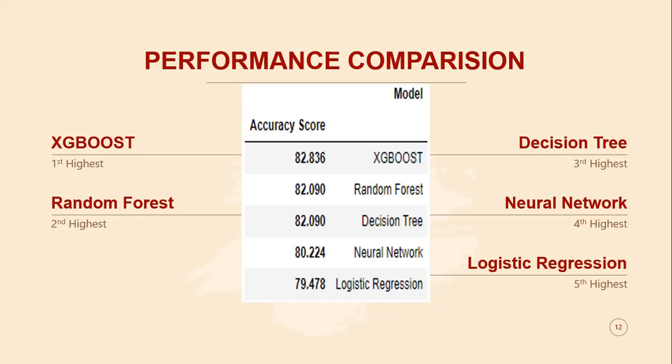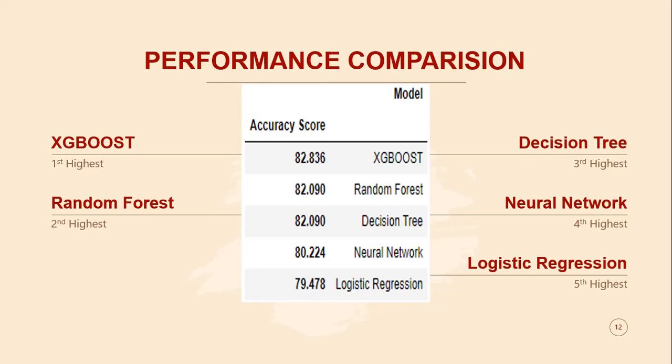The next model was the random forest model. It has an accuracy score of 82.090%. The third highest accuracy score model was the decision tree. The next model was the neural network, which has an accuracy of 80.224%.